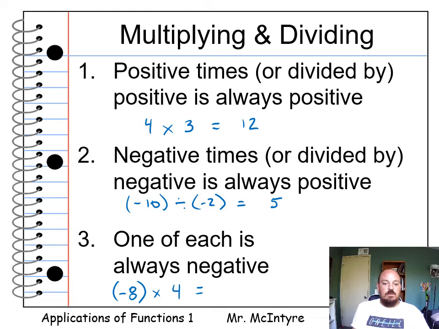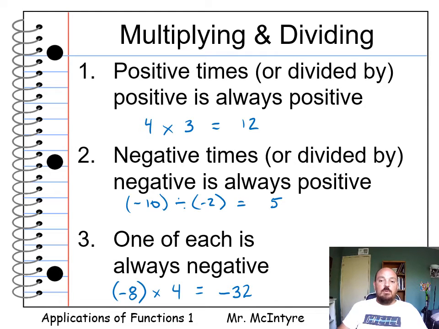For this question, I would do the multiplying part first. I would say, well, 8 times 4 is 32. And then I would look back at the question and say, well, it's negative times positive. That's one of each. My rule for one of each when I'm multiplying or dividing is that the answer is always negative. So -8 times 4 would be -32.